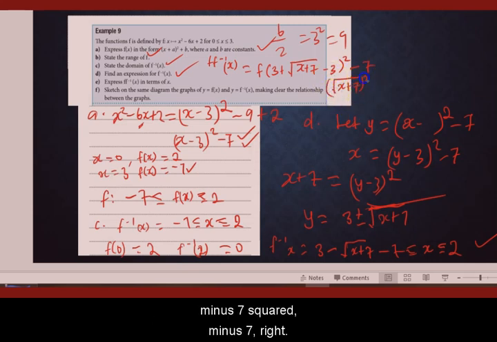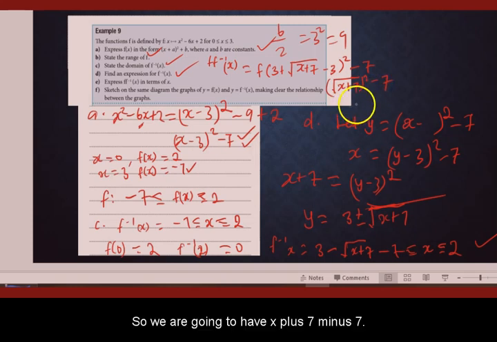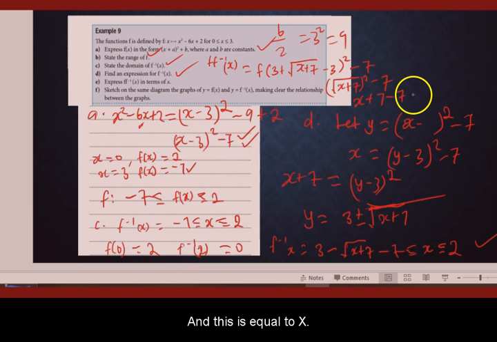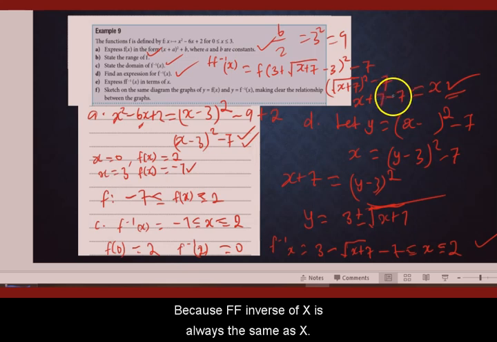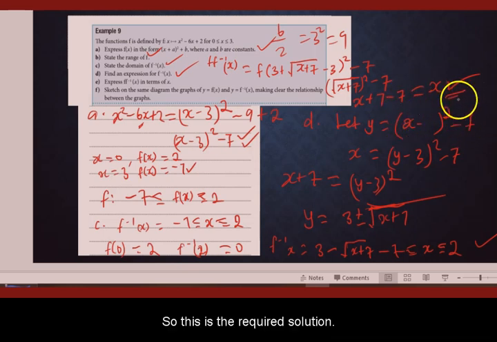So we are going to have x plus 7 minus 7, and this is equal to x. It is simply rearranging this in order for us to get x, because f of f inverse of x is always the same as x. So this is the required solution.